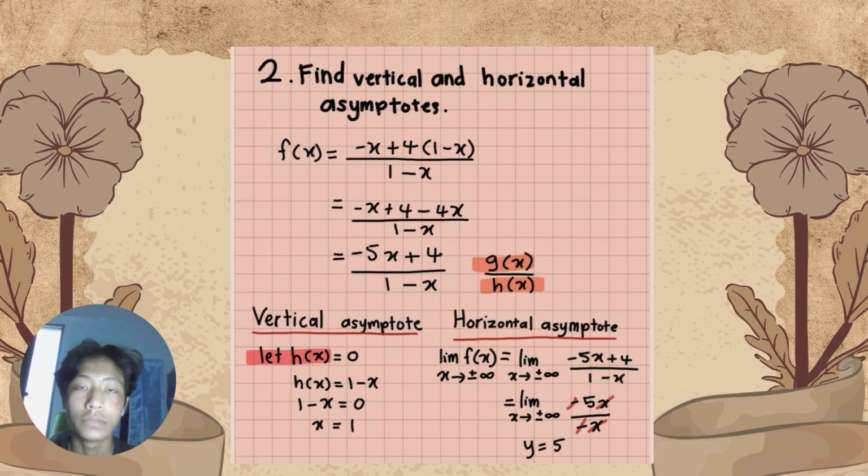The second one, we need to find the vertical and the horizontal asymptote. To find the vertical asymptote, we need to let h(x) equal 0, which is our h(x) here is 1 minus x. And for the horizontal asymptote, we need to use a limit of the function as x approaches plus or minus infinity.